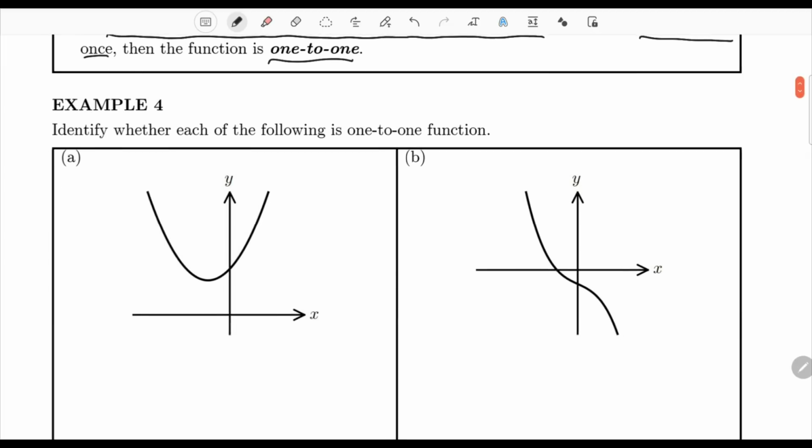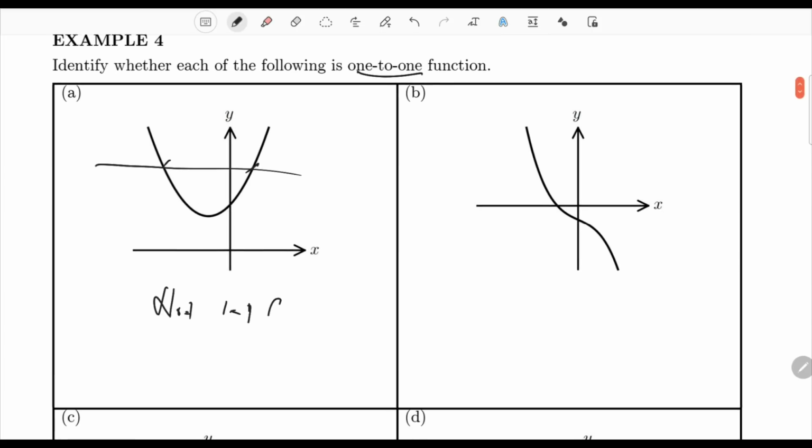Okay, so identify whether each of the following is one-to-one. Draw there, 2 points, not one-to-one. Not a one-to-one function. Okay, here, everywhere it cuts at 1 point, so one-to-one function.